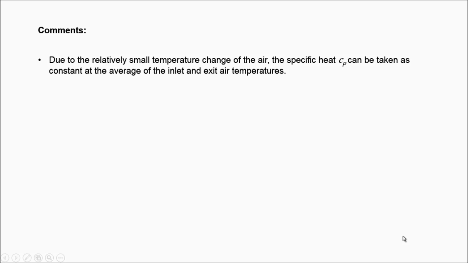In closing, I would like to make a few remarks on the analysis we just conducted. Due to the relatively small temperature change of the air, the specific heat c sub p can be taken as constant at the average of the inlet and exit air temperatures.